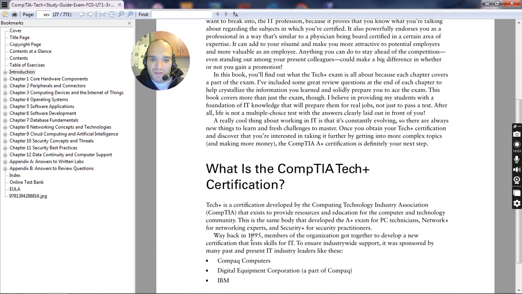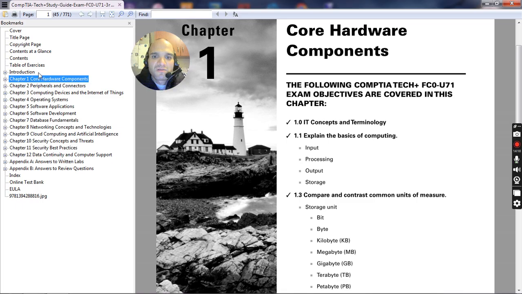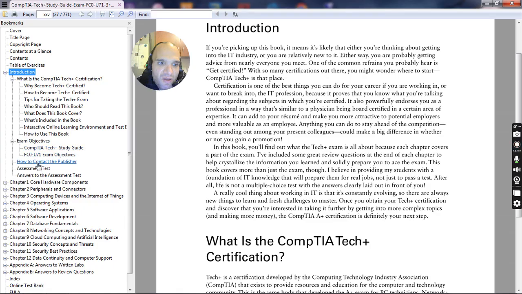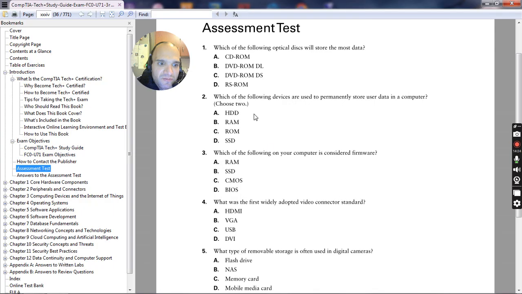And the particular year, 1995, marks the entry of CompTIA in the IT certifications industry. In any case, I'm going to pass the assessment test.